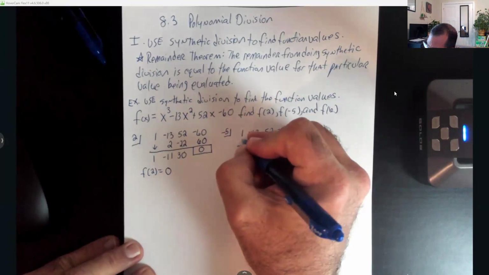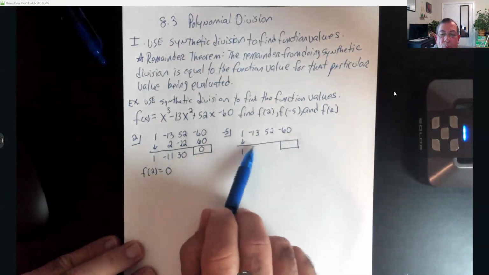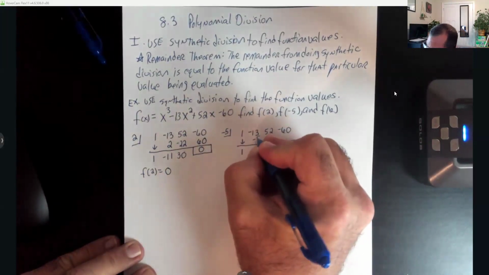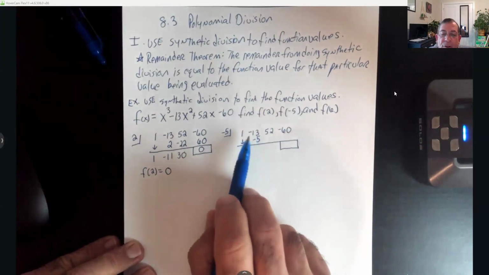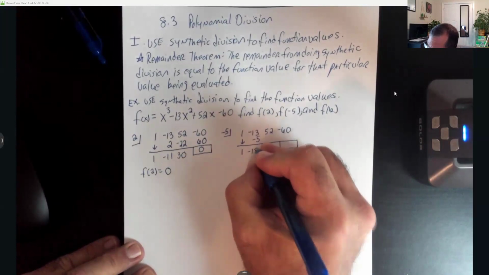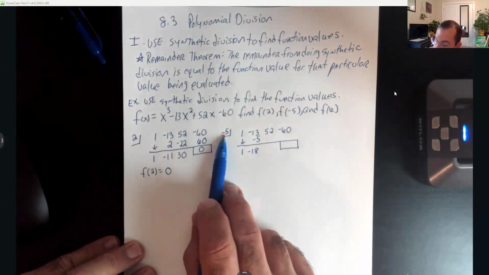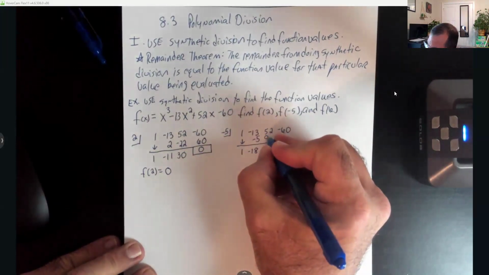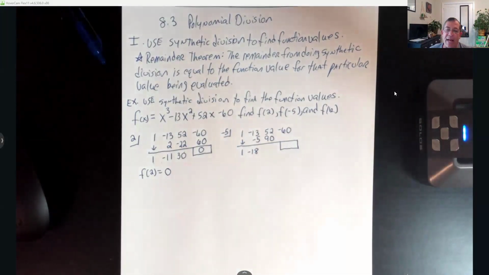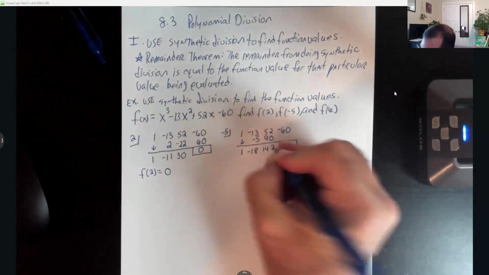So y'all, once again, bring the 1 down, and then we're going to start multiplying and adding. 1 times negative 5 is negative 5. Negative 13 plus negative 5 is negative 18. Negative 18 times a negative 5 is a positive 90. So then we got what? 90 plus 52 is 142.